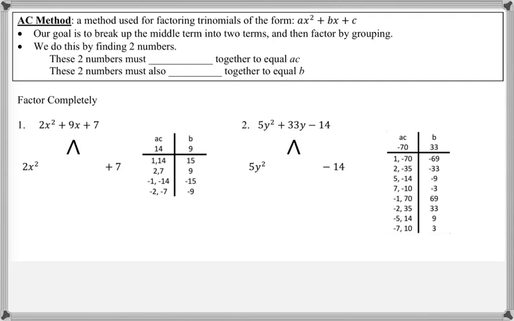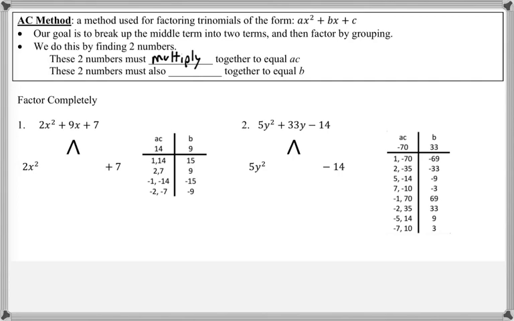So our goal is to break up the middle term into two terms and then do factor by grouping, which was a technique that we were doing in the last section. And we accomplish this by finding two numbers. Now these two numbers must multiply together to equal AC, and I'll talk about what AC is.